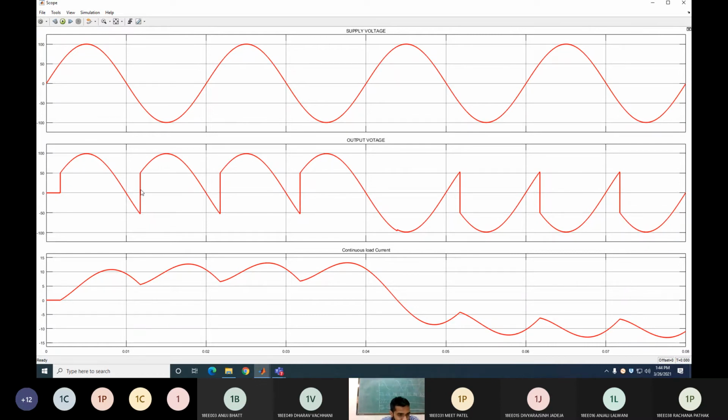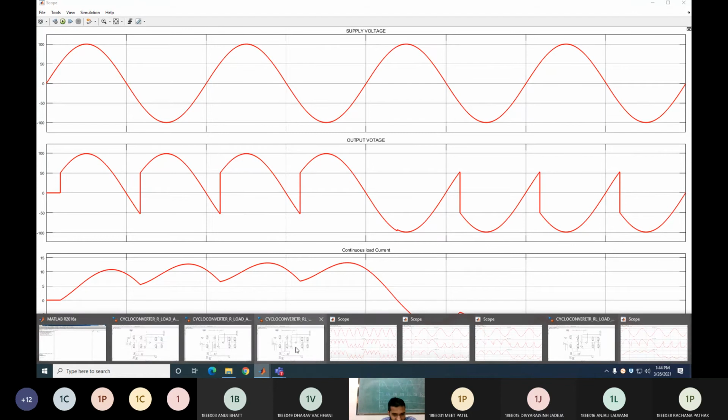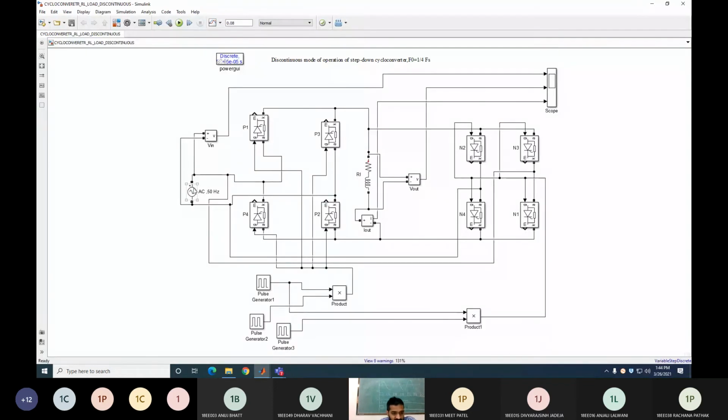So when P3 P4 is gated, it is already forward biased because the negative cycle of the supply has started. Understand? So when you provide the gate pulse as well as the negative supply starts, it will start to flow in the positive direction. You can see the circuit diagram, so you can easily understand. Here your supply is now negative, the negative cycle.